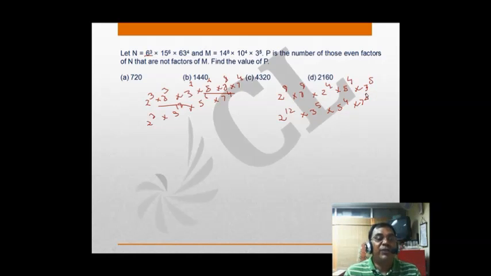So from this we can get 3 to the power 17, that means 3 to the power 12 is bigger, and 5 square is also bigger.